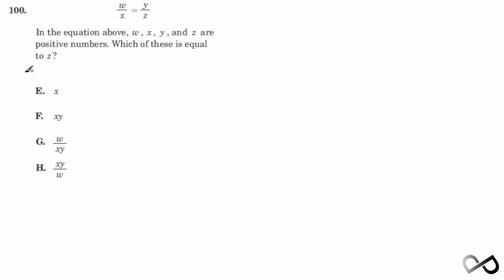Number 100. In the equation above, w, x, y, and z are positive numbers. Which of these is equal to z? So we want to isolate z by itself. Let's cross multiply first. So we're going to get w times z equals xy.